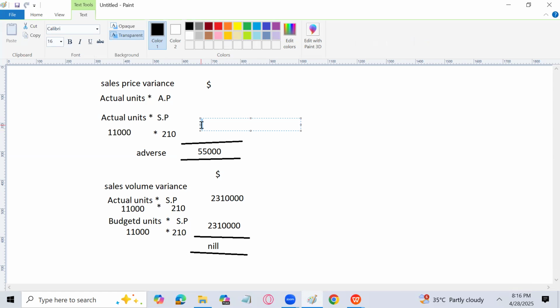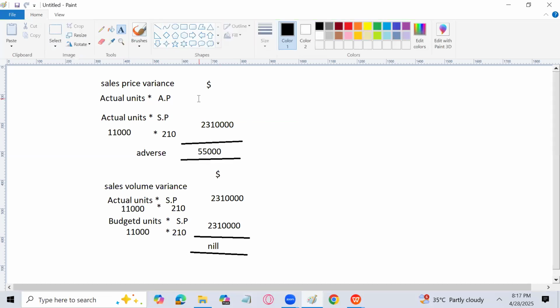So 11,000 into 210, that is 2,310,000. Because it is adverse, what I will do is subtract 55,000. Adverse means that the actual units into actual price is less than the actual units into standard price. 2,310,000 is more than actual units into actual price by 55,000.